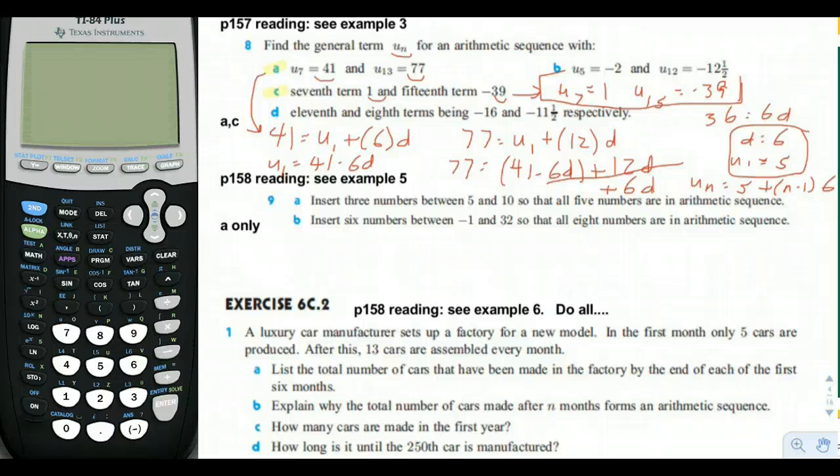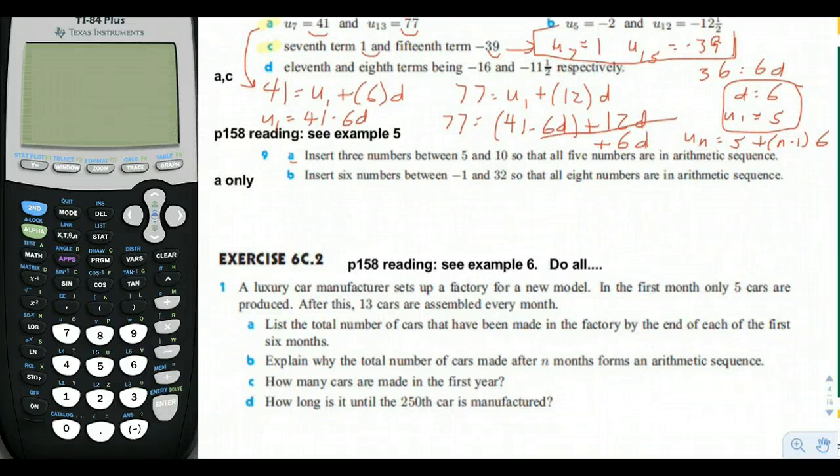But if you just find the equations that you need to simplify from, you get almost all the points. Okay, so now 9a. Insert 3 numbers between 5 and 10 so that all 5 numbers are in an arithmetic sequence. Okay, so if it was 4 numbers, that would be easy, right? Because then it would be 5, 6, 7, 8, 9, 10. Unfortunately, it's insert 3 numbers.